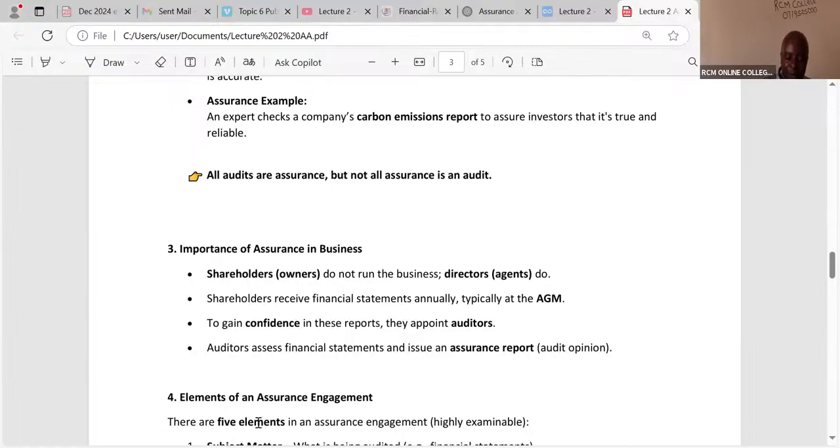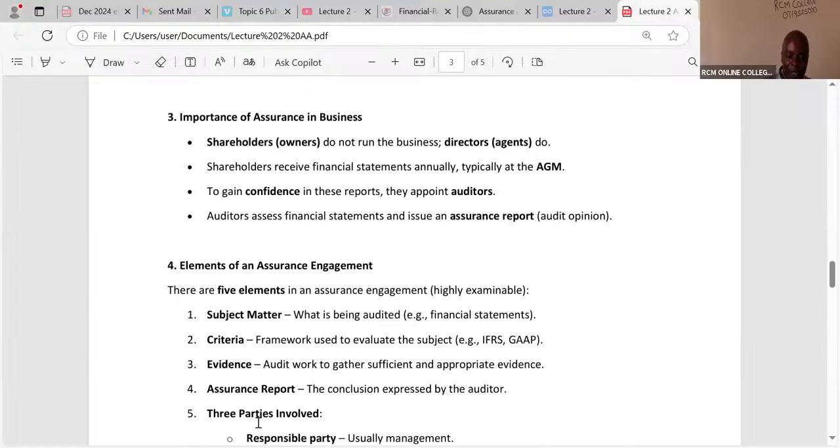An assurance engagement has 5 elements, which are these. There must be the subject matter. What is being audited? In this case, the subject matter is the financial statements.